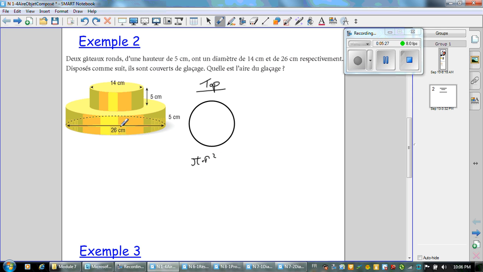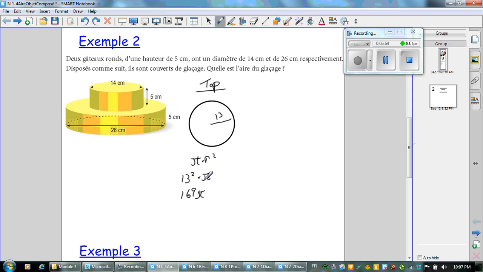So the radius here is half the diameter, which would be 13. So all I need to do is square 13. So 13 squared multiplied by pi, which is 3.14. So 13 squared is 169. We're not going to multiply by 3.14 because you don't have a calculator, so you just leave it as pi.